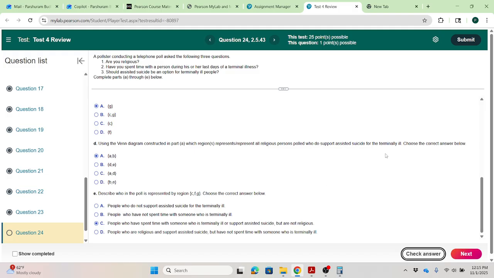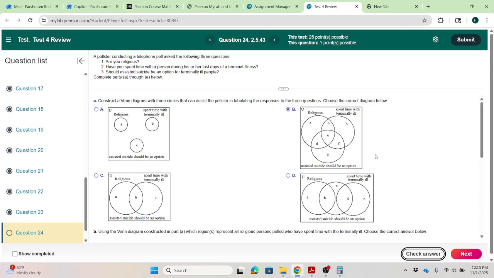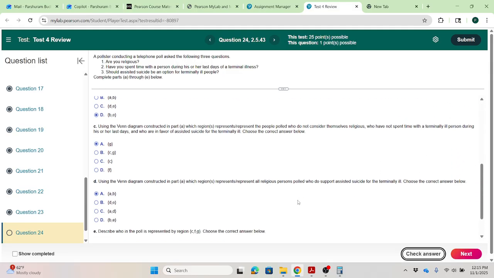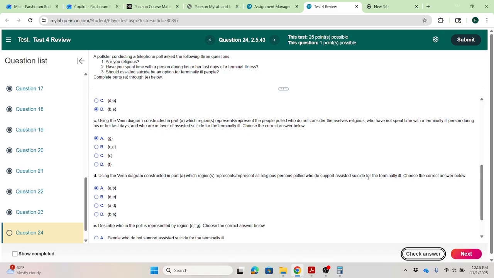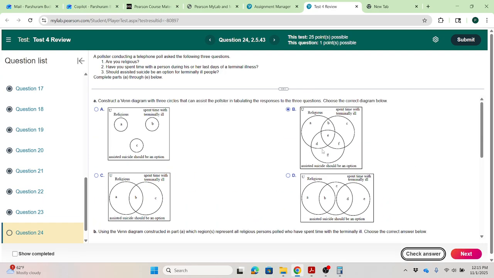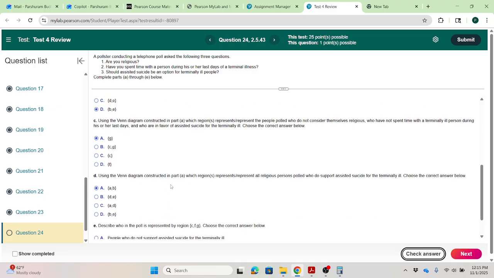And finally, use the Venn diagram constructed in part A to represent all religious persons polled who do not support assisted suicide for the terminally ill. Who do not support. All religious persons polled who do support assisted suicide. Do support assisted suicide. Let me go back one more time.